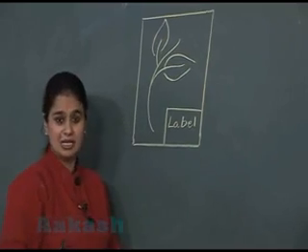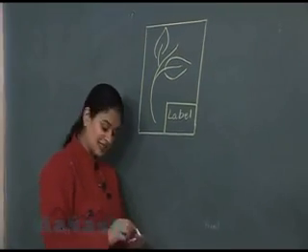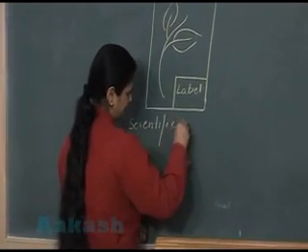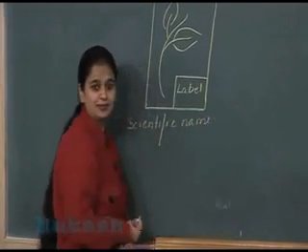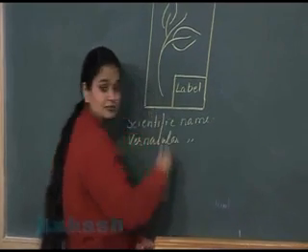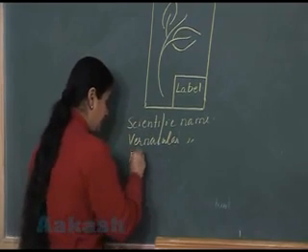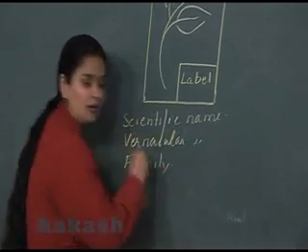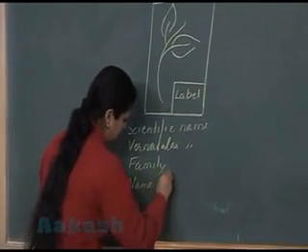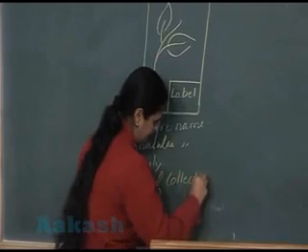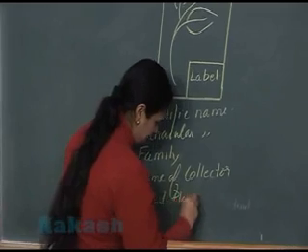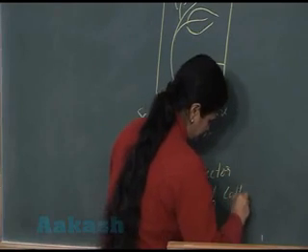What should be there in the labeling? In the labeling there should be the scientific name of the plant. Along with that there should be the vernacular name, the family to which this plant belongs, the name of the collector, and the date and place of collection.